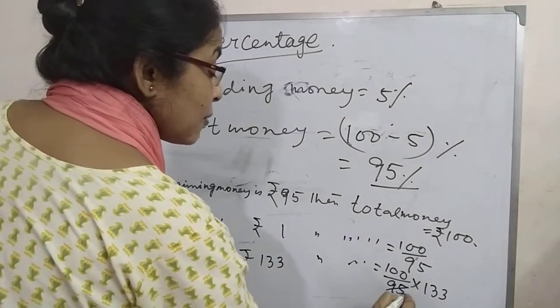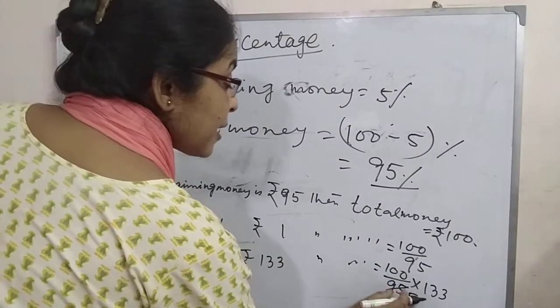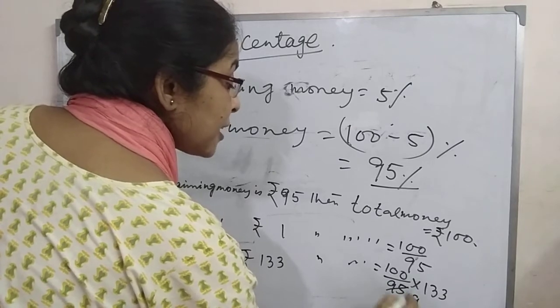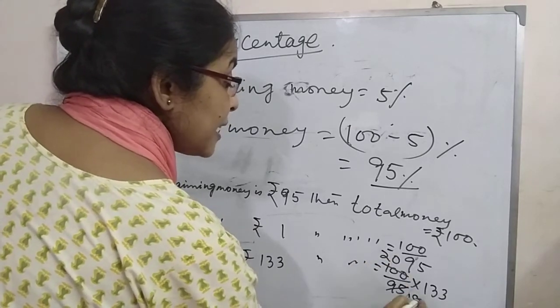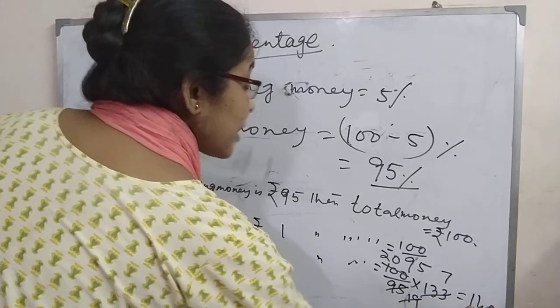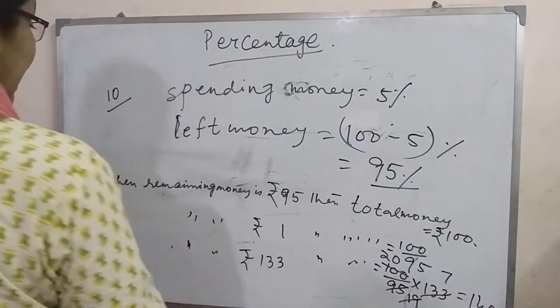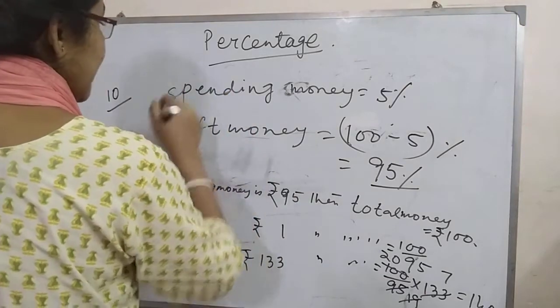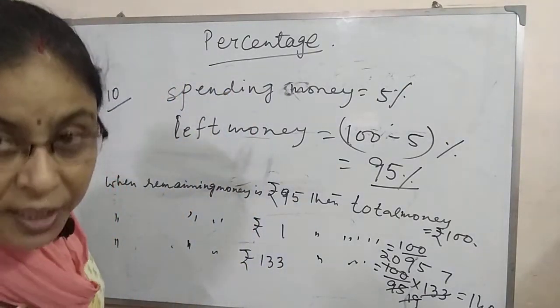19, 5, 5, 19, 95, 5, 20, 19, 7. That is 140. Okay.